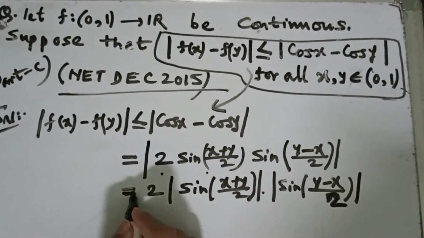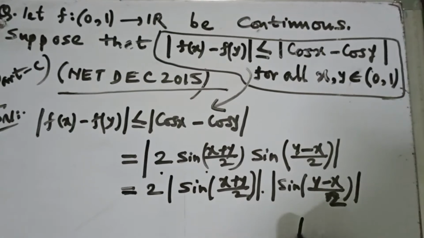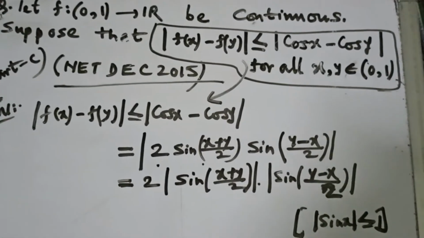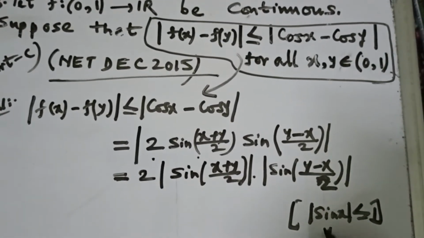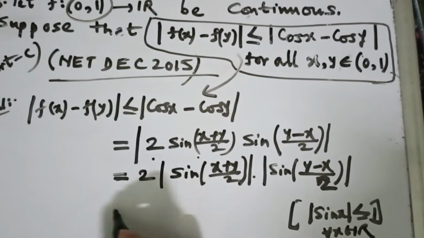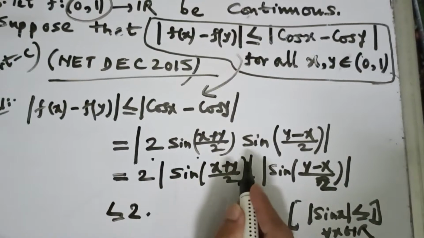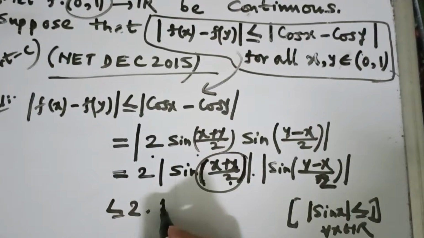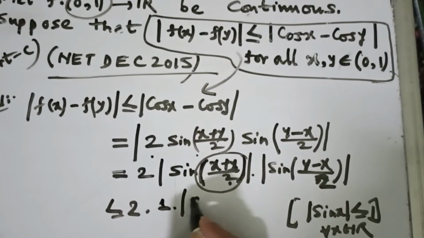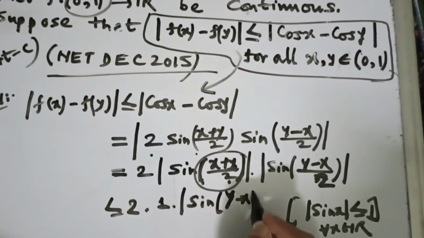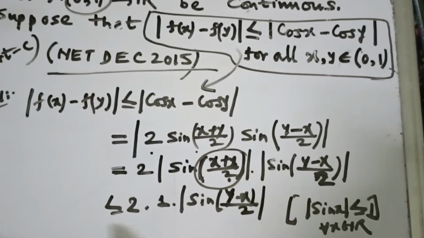Right? Now we all know that |sin x| is less than or equal to 1 always, for any x belonging to R. Here x belongs to (0, ∞), so this also holds. x is a real number, y is a real number, (x+y)/2 is a real number, so this is also less than or equal to 1. And there is left |sin((y-x)/2)|.